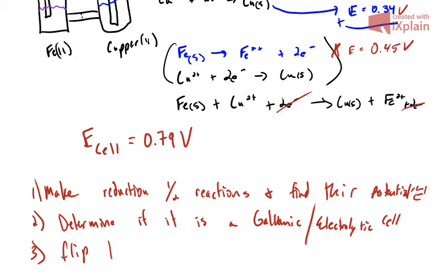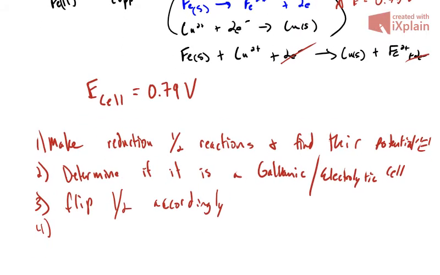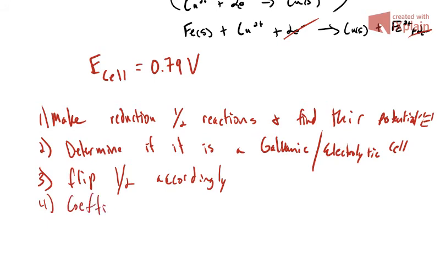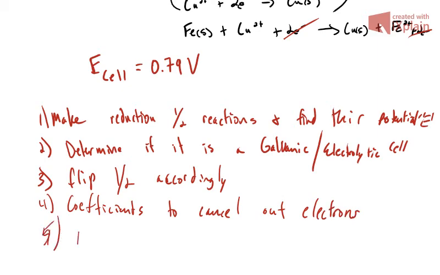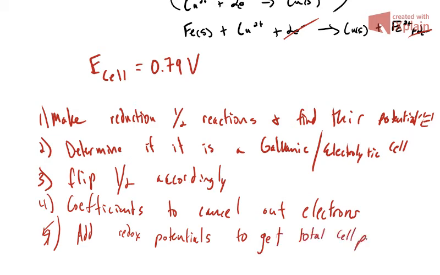Flip half reactions accordingly. Coefficients to cancel out electrons. That's a 5. And then add redox potentials to get total cell potential.